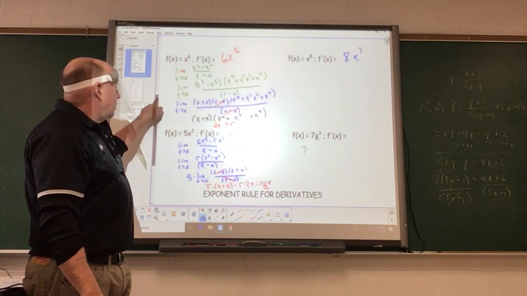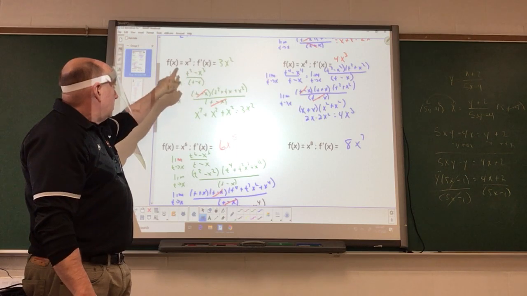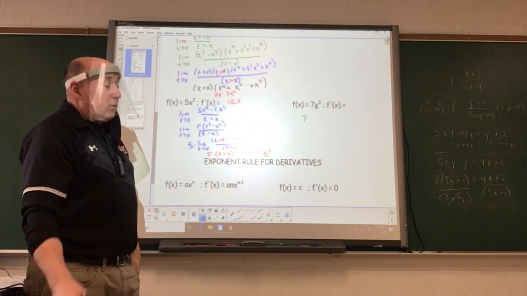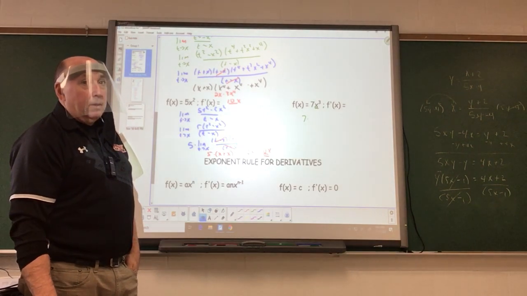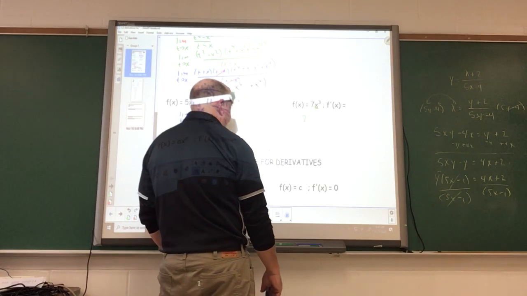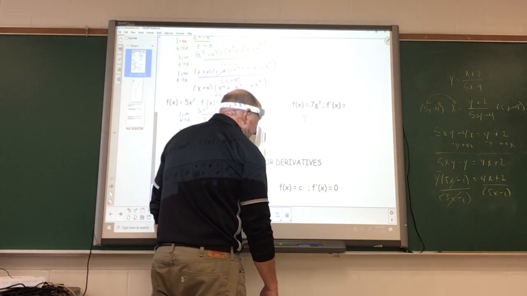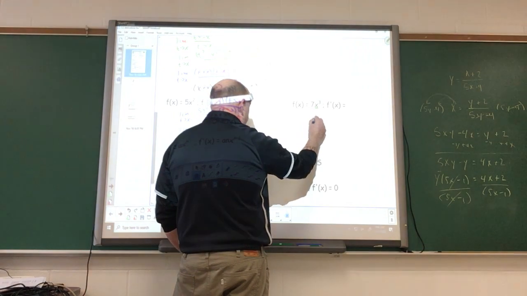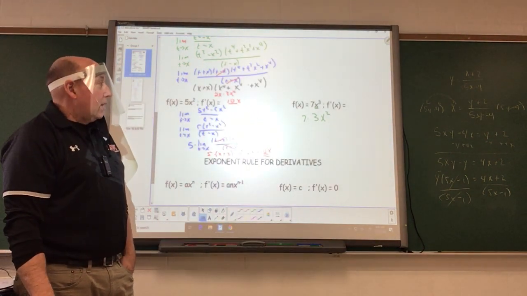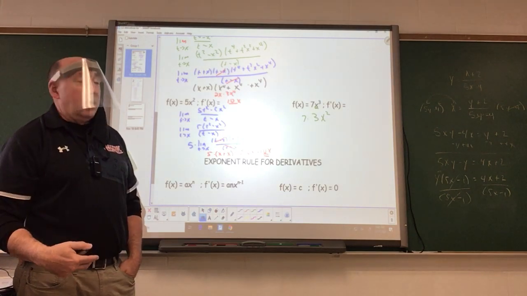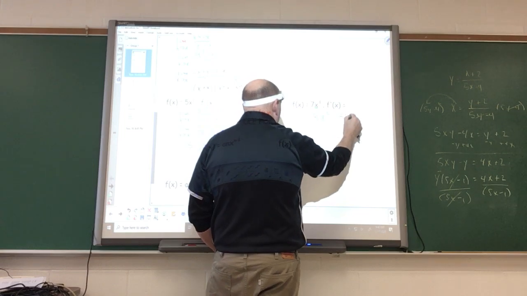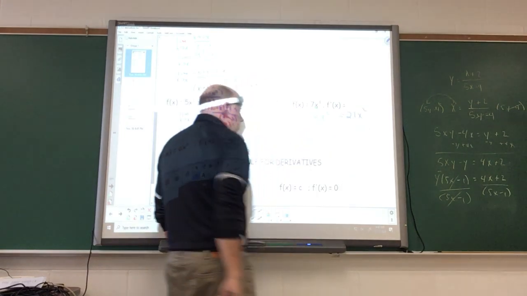What was the derivative of x cubed? 3x squared. There we go. You're making it way too tough. Slow your brain down. Okay, we have 7 times the 3x squared, which would give us 21x squared.